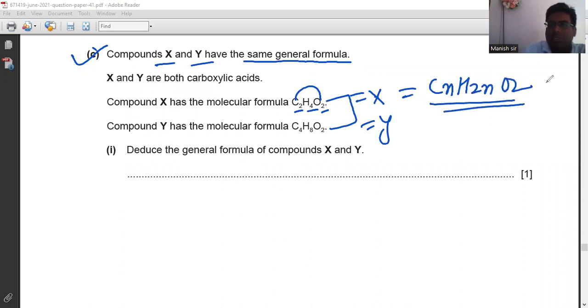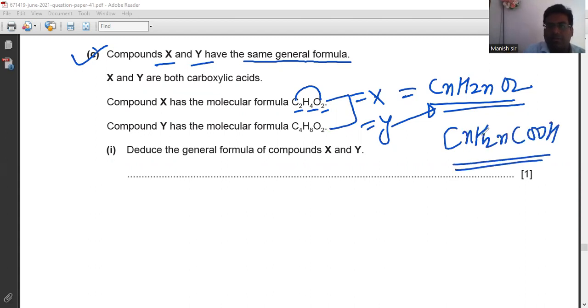So this will be the general formula for X and Y both. So deduce the general formula, or it can be written as CnH2n+1COOH, right? So this will be the general formula for both. So upper one is also correct and lower one. This is also the general formula for X and Y.